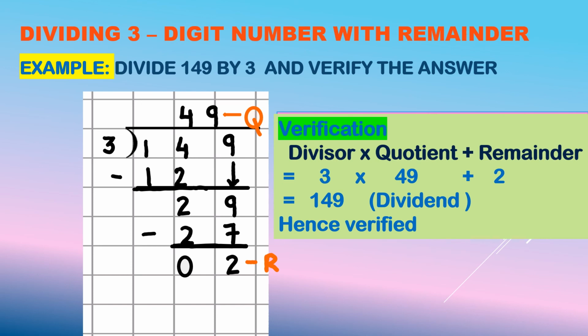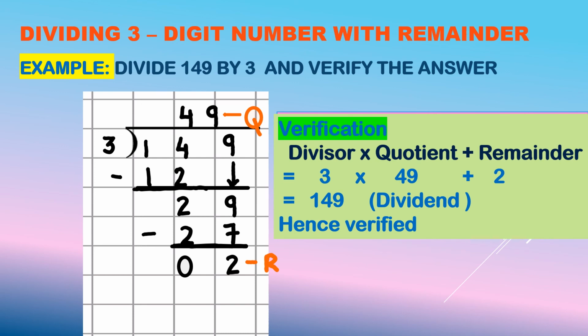Now, check your division. Now, you know that you check your division by multiplying divisor into quotient and then add remainder. Here, quotient is 49 and divisor is 3.